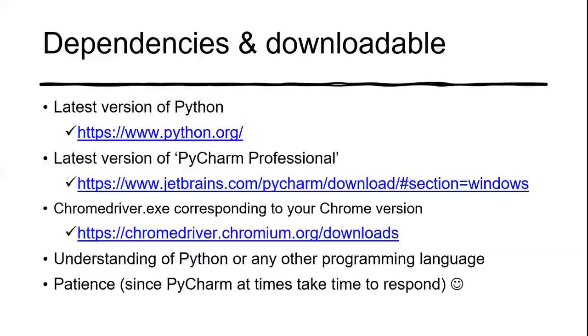Secondly, we will require the latest version of PyCharm Professional, which is an integrated development environment for Python. It is owned by JetBrains. Here's the URL I have put on the slide for your information, or else you can simply Google search PyCharm download.